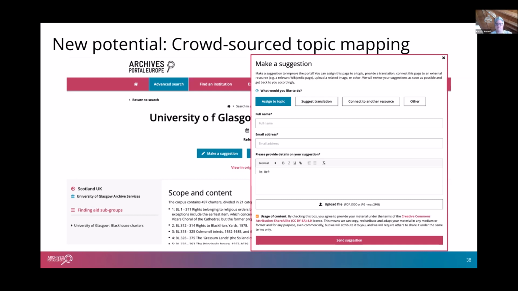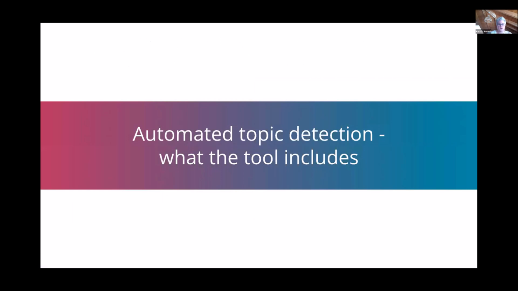So we haven't yet decided how we will surface that, if that will only happen within the central website, or if we would also give it back to our content providers for them to see if they wanted to officially include that in their metadata, so to say. So that's the one thing.